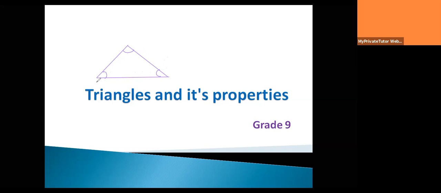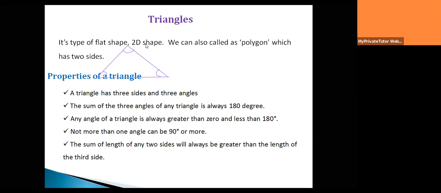So that's nice. Okay, let's go to the definition and see, this is what you guys told just now. So it's a flat shape, the 2D shape. It is also called a polygon which has, sorry, three sides.